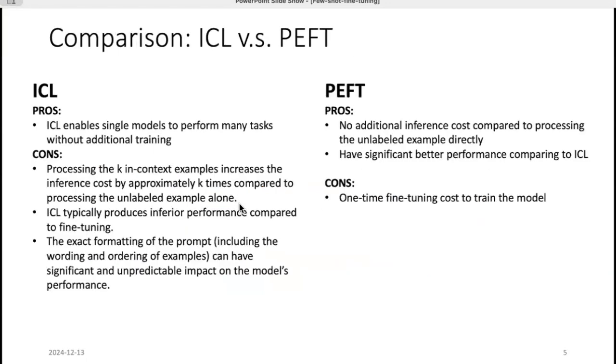I also want to list the pros and cons of ICL, in-context learning, and the parameter-efficient fine-tuning methods. So for ICL, the pros are clear, right? It enables one single model, one service, to perform different tasks without additional training. It looks very convenient.